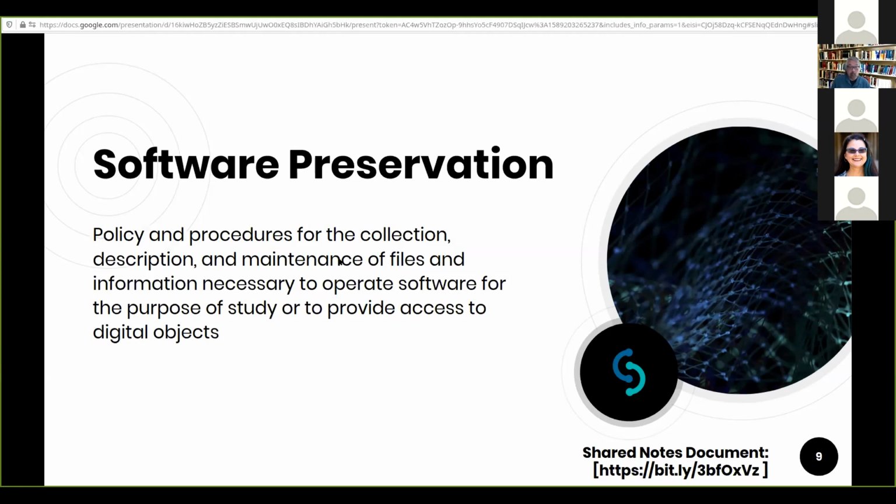Preserving those bits, those bytes, is just one piece of the puzzle when we're talking about something that's meant to be executed or operated. So how do we operate legacy software on our contemporary computing setups when there are issues with system compatibility? Programs that were written for a specific operating system or CPU architecture, that are dependent on obsolete software libraries you might not have access to anymore, or dependent on security features.